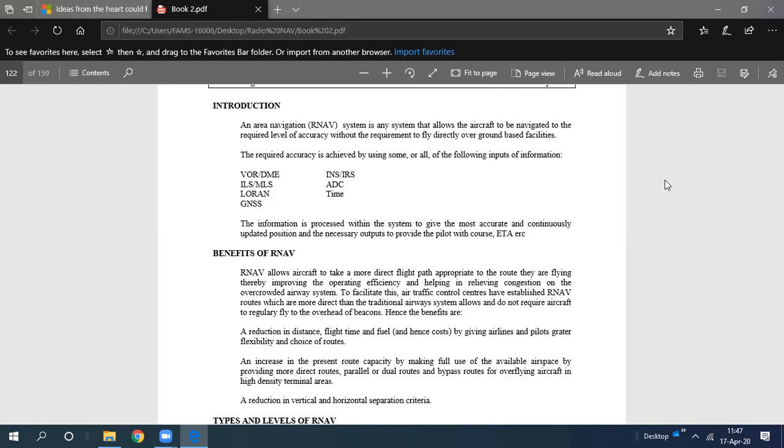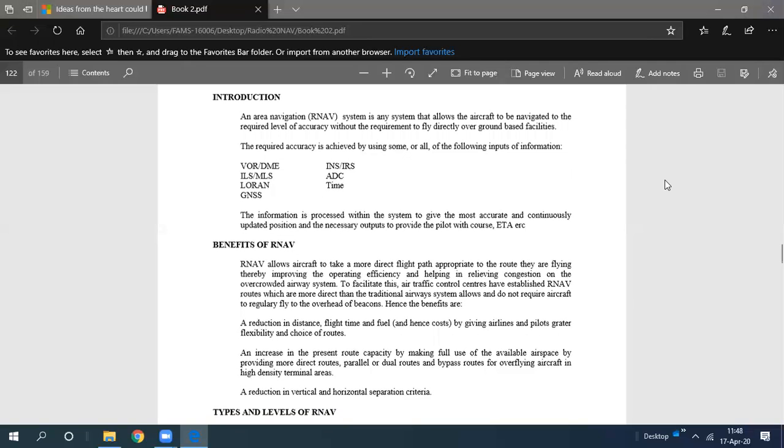But the only difference is that when you talk about RNAV routes, there are certain conditions required. In case of the normal ATS routes, you go overhead a particular reporting point. That means you fly overhead a particular navigation system. In case of RNAV, it's not necessary for you to fly over a particular ground-based navigation system.